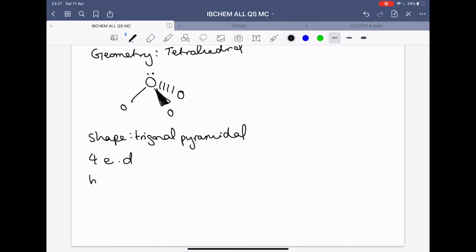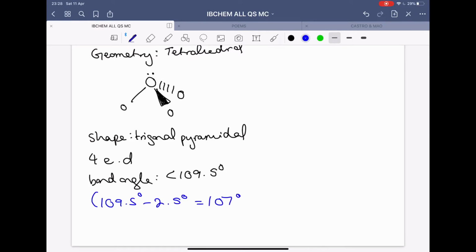And that just means there are 4 electron domains, just like in the geometry that's tetrahedral. The bond angle is not going to be 109.5 directly, it's going to be less than 109.5 because, like I've said earlier, 109.5 minus 2.5 degrees, which is because of that lone pair of electrons. It all means that because of that lone pair, you've got more repulsion.